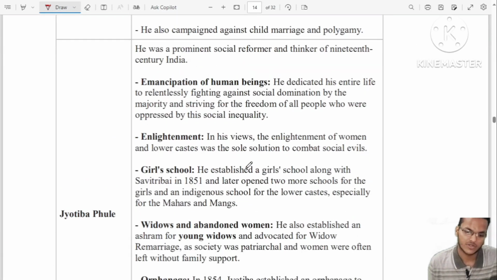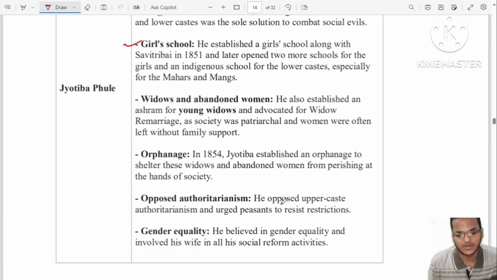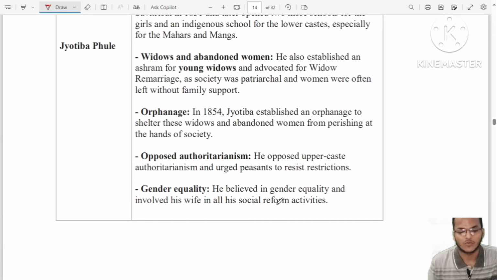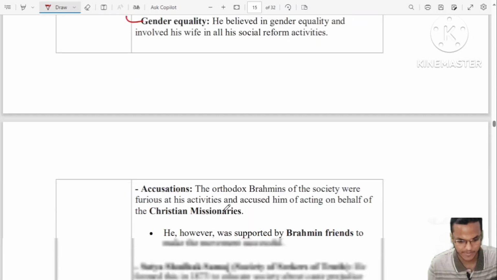Then come Jyotiba Phule and Savitri Phule. The main reforms and ideas of Jyotiba Phule were the Enlightenment, a girls' school, care for widows and abandoned women, emancipation of human beings, opposition to authoritarian government, and gender equality.